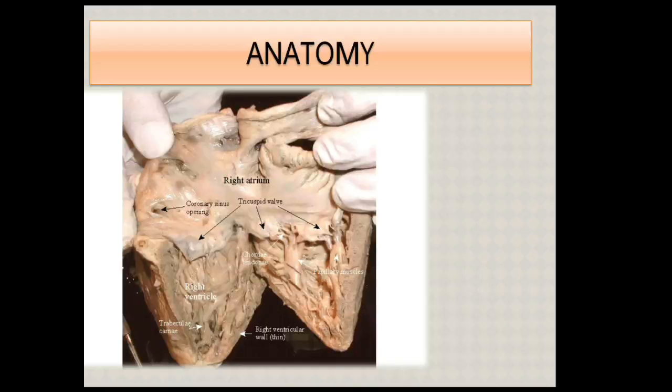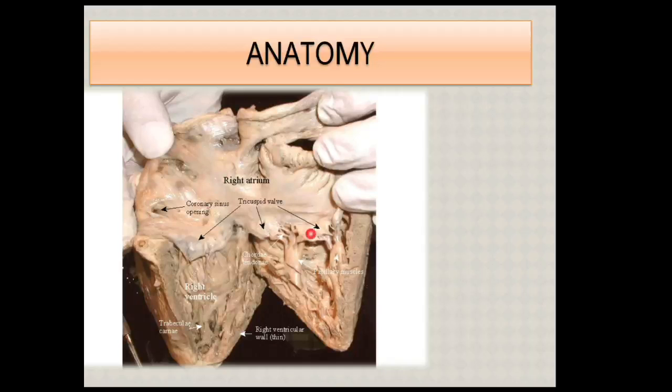This is the sinus in which all of the deoxygenated blood from the coronary veins is collected. This is a part of the coronary system which gives blood to the muscles of the heart itself. Now this is a tricuspid valve which is cut open into this right atrium.